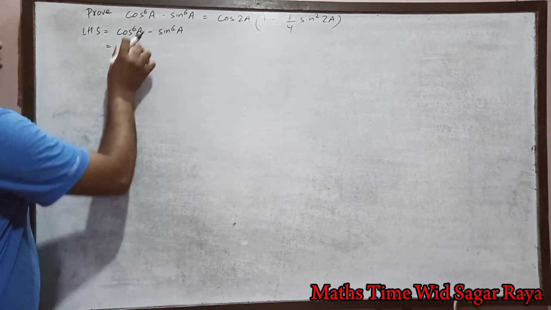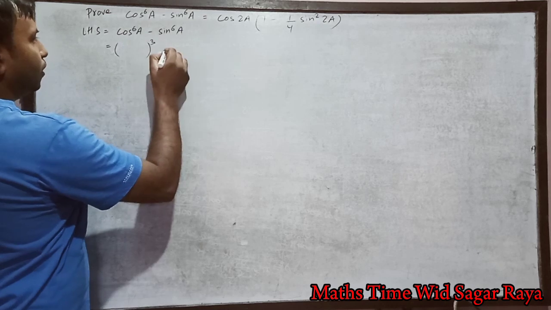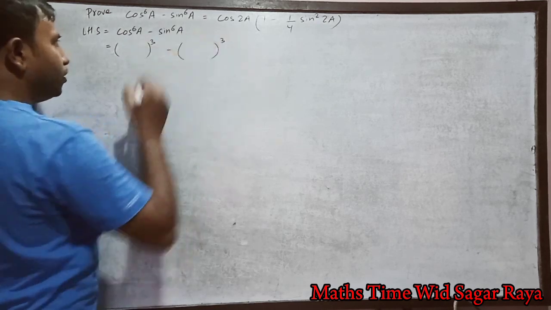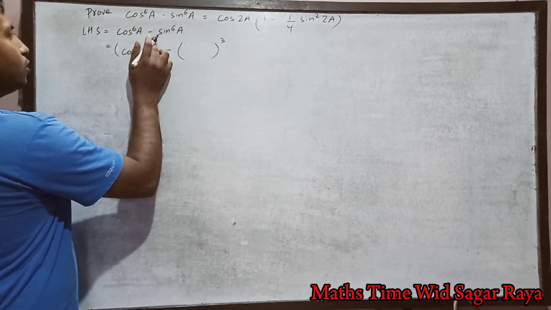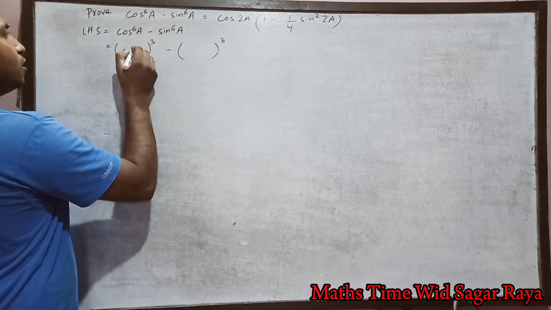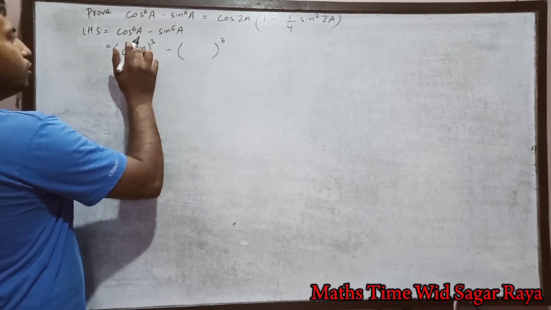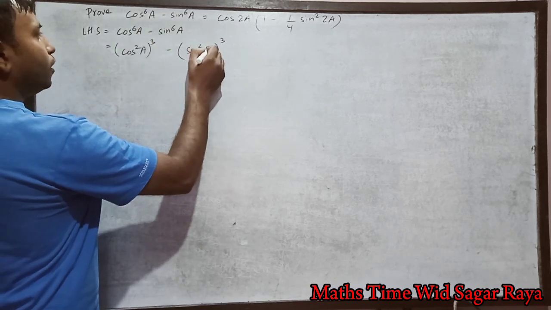Here we have cos⁶A. Let's change it into the formula of a³ − b³. If we keep the cube here, 3 twos are 6, so it will be (cos²A)³ − (sin²A)³.